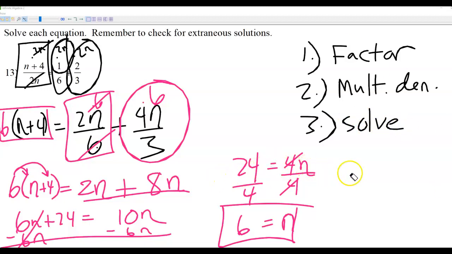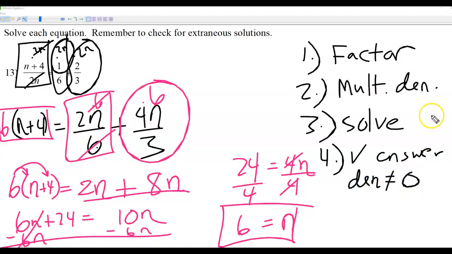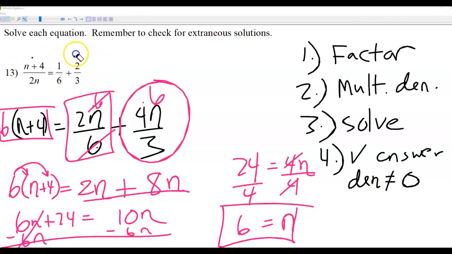Let's go ahead and, I guess though step 4, we should check our answers. It should not make the denominator equal 0. So if we come up here to the original problem, there's only one place where I can plug my answer, 6, into a denominator, and that's right here.